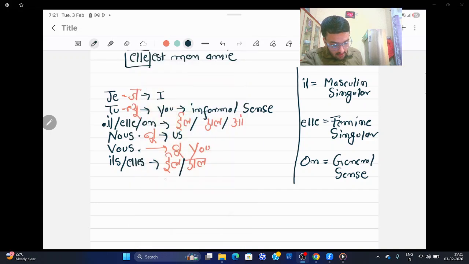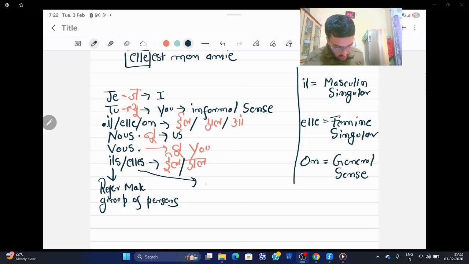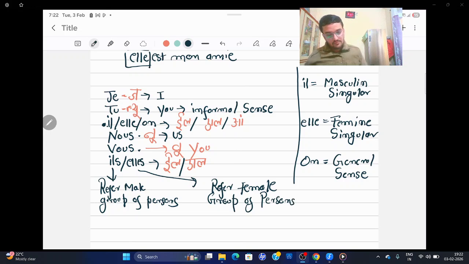Whenever we are referring, this "ils" is used to refer to a male group of persons, and this "elles" is used to refer to a female group of persons.